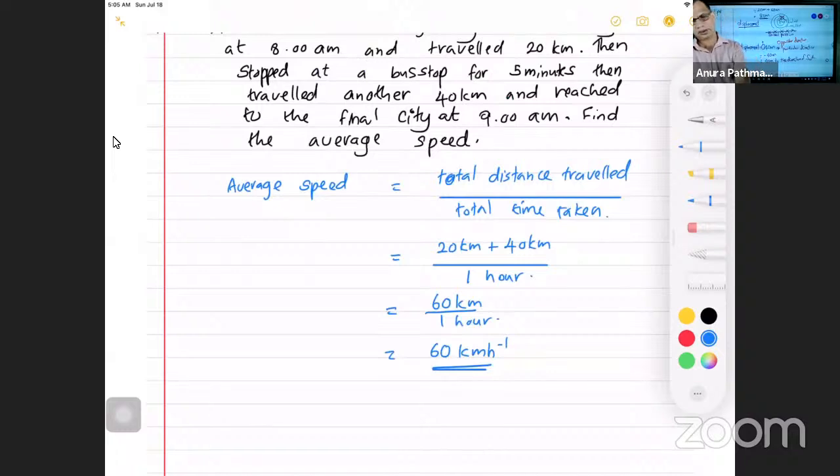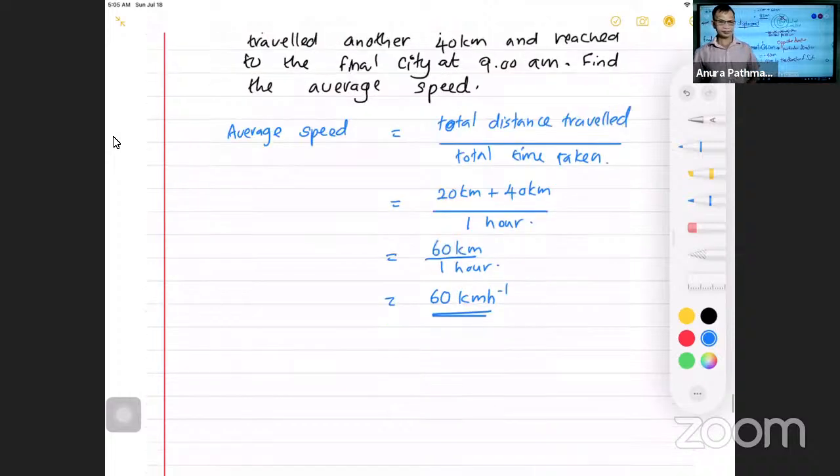Right. Going to find out from here. Yeah, the velocity.